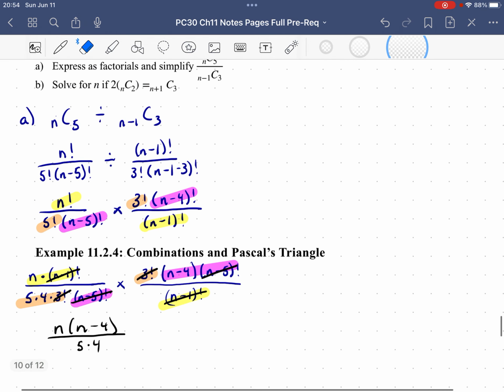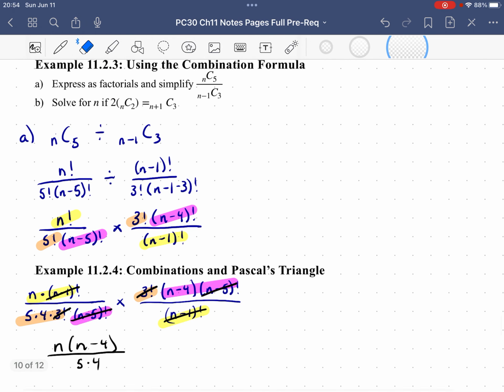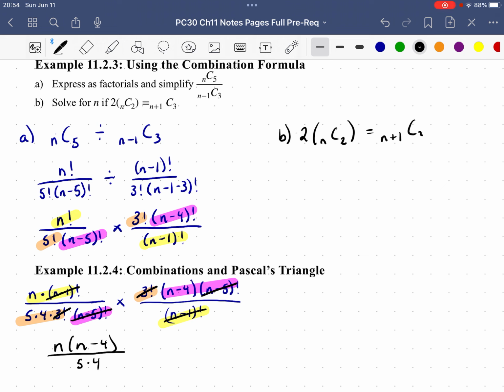We're going to run out of space here again for the second one. Solve for n if 2 times n choose 2 is equal to n plus 1 choose 3. So we're going to write these guys out in their formulas.